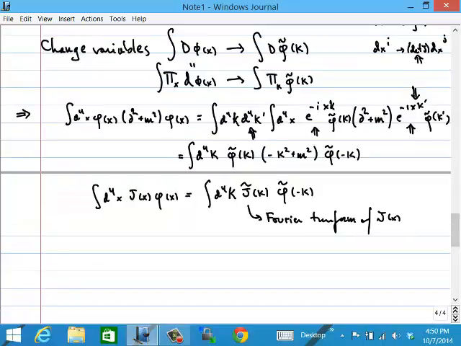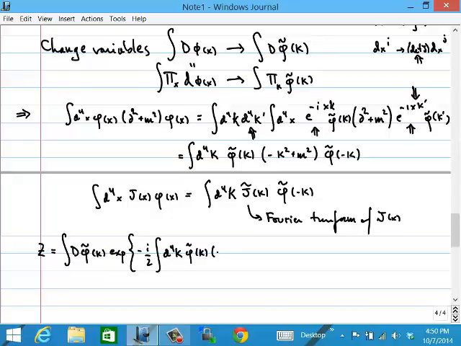Okay. So just to summarize, our partition function Z is going to be the integral over all of the Fourier modes times the exponential of minus i over 2 times the action, d4k phi tilde of k.